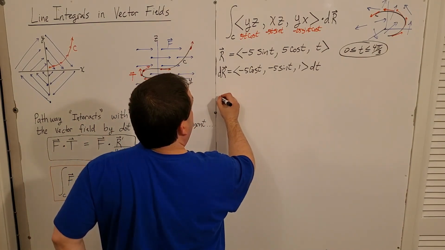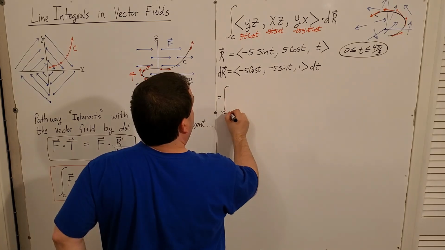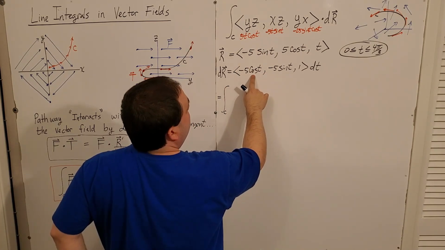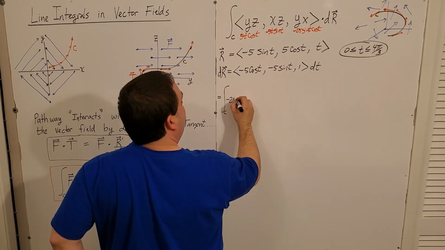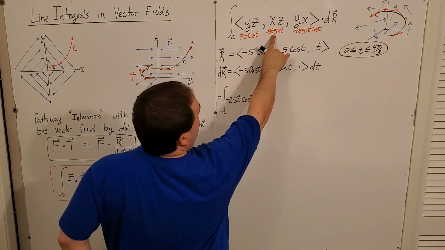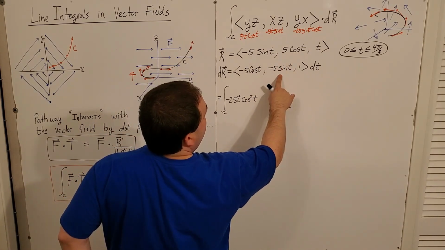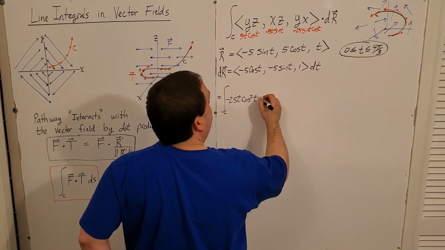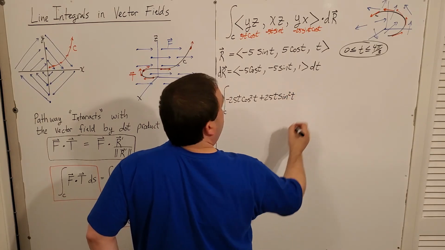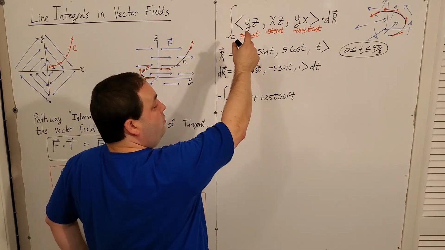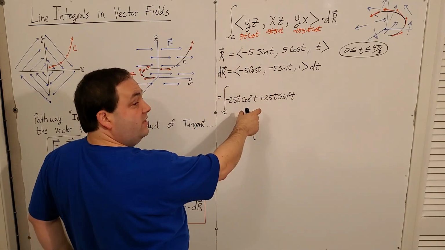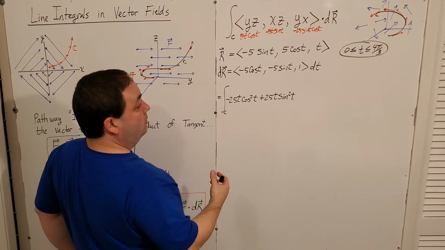Okay, so I've got my integral of 5t cosine t times -5 cosine t. So that's -25t cosine squared t. And then -5t sine t times -5 sine t, so that's plus 25t sine squared t. Remember, it's a dot product, so I do the multiplications and I'm just adding them all up. So once it comes out of a dot product, it's not a vector quantity anymore.